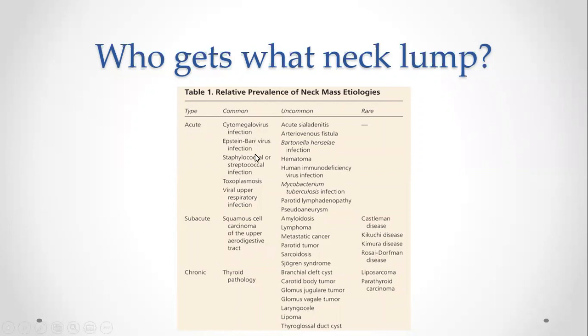The common viruses are cytomegalovirus, glandular fever, Epstein-Barr virus, and also Staphylococcus, Streptococcus, and Toxoplasmosis. There is also parasitic infection, and after upper respiratory infections it can present with an enlarged lymph node in the neck as well.